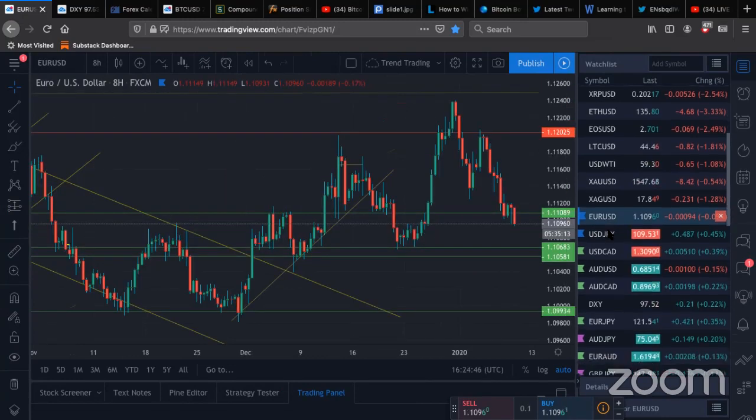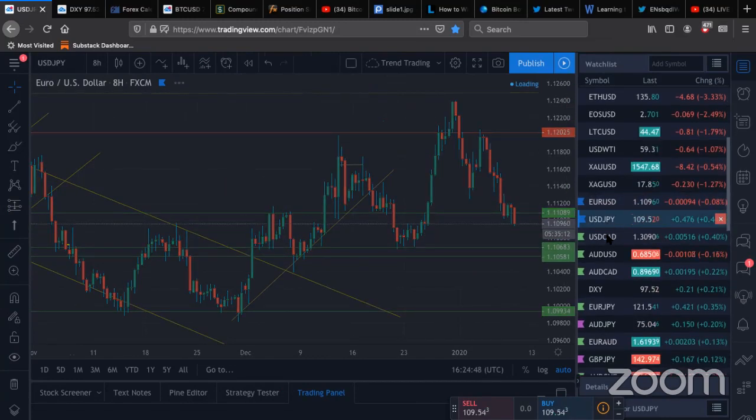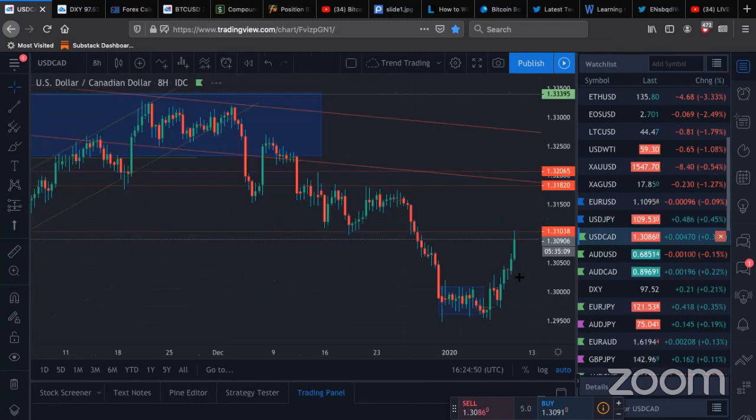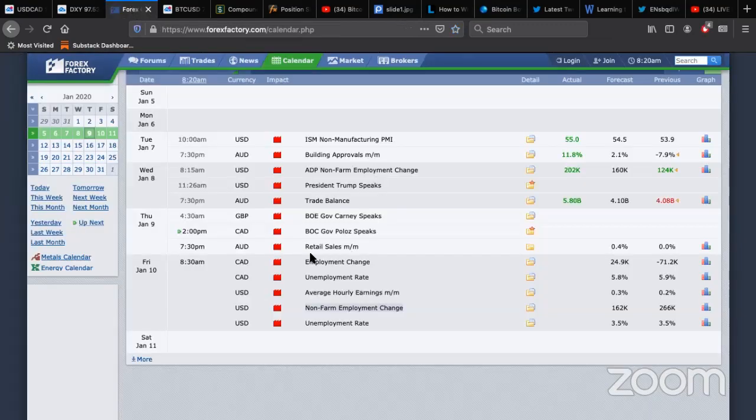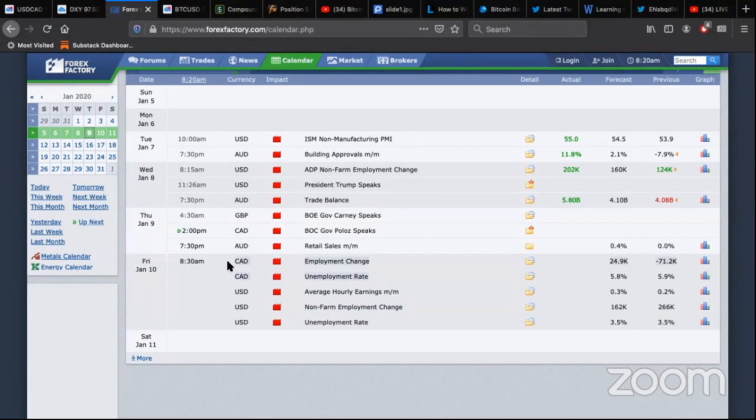What I am looking at developing, I'm looking here at the US Canadian dollar as we rejected off of this resistance. Obviously tomorrow is a little tricky. As King pointed out, you have some pretty important data coming out at the same time as the non-farm payrolls, and it's a big catalyst in the market.